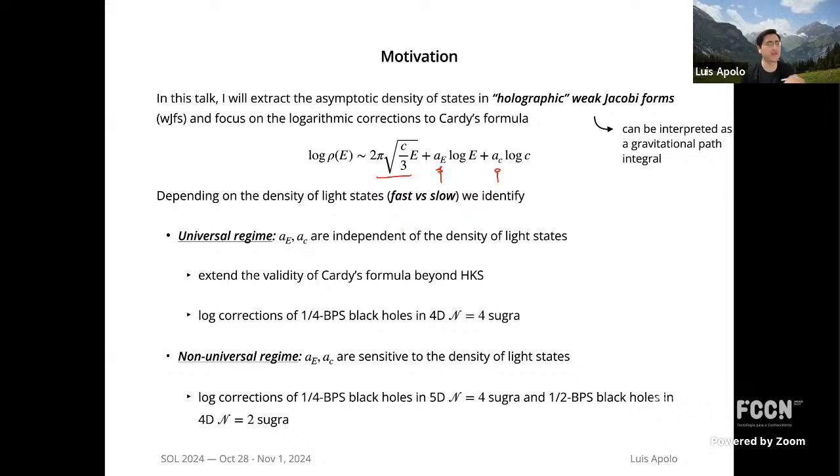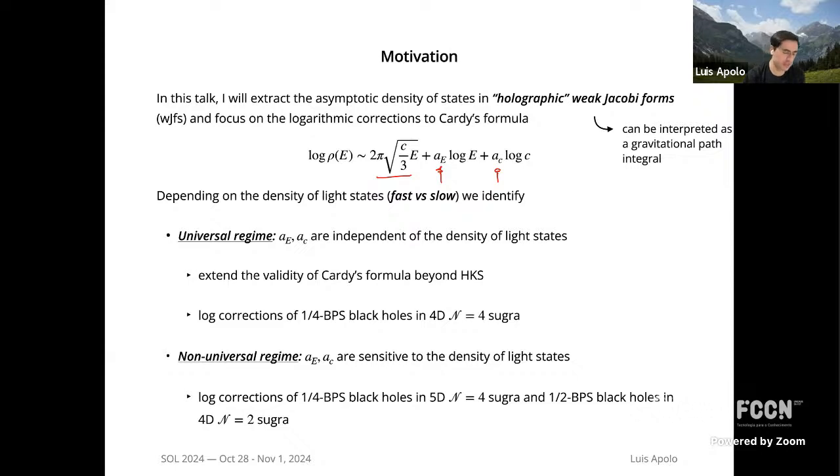They do not depend on whether the light states grow fast or grow slow. These answers are universal, and this will allow us to extend the validity of Cardy's formula for these weak Jacobi forms beyond what HKS originally considered. Of course, they consider a full partition function of a CFT, but still, this is something that we will do in the context of weak Jacobi forms.